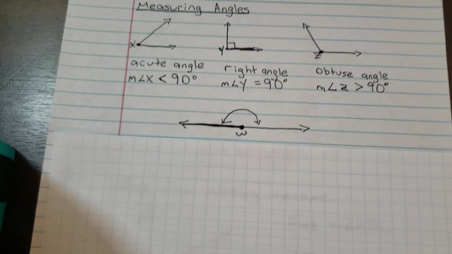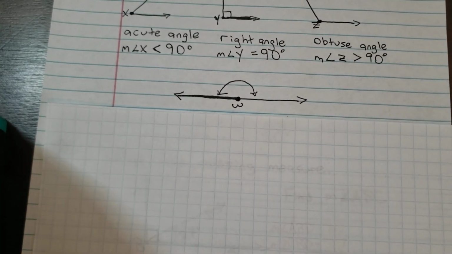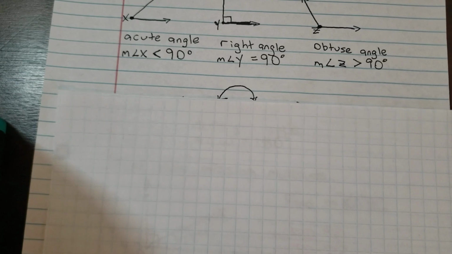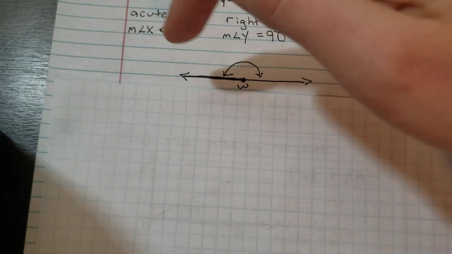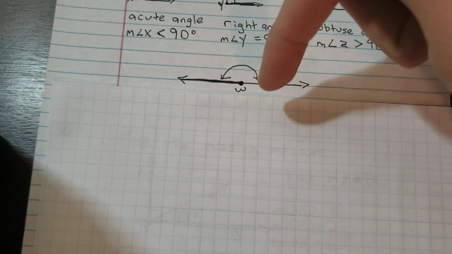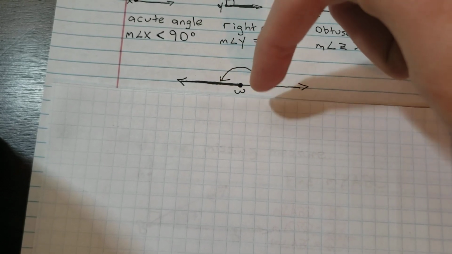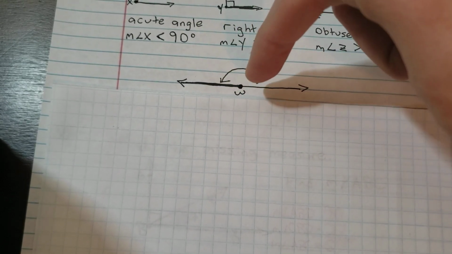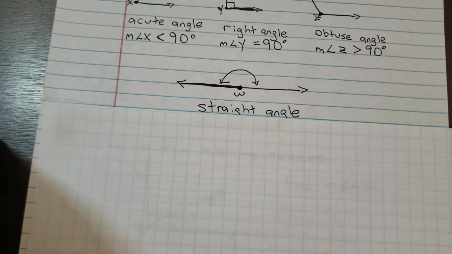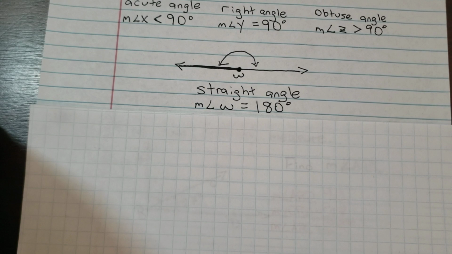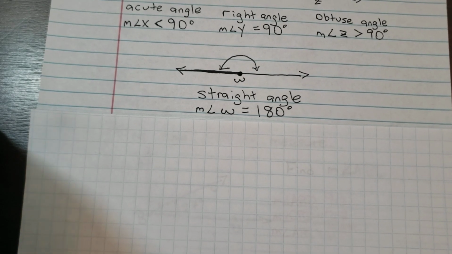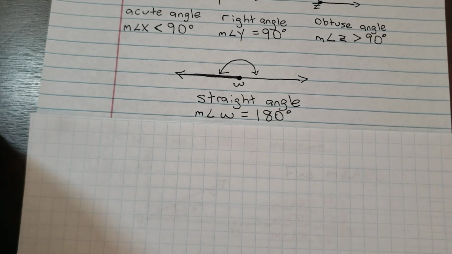Okay, now, whenever we have a straight line, this is angle W. Now, it's a straight line, but notice how I have that fancy little arc there. That's indicating that I'm measuring it. That's a straight angle. Straight lines have the measure of 180 degrees.